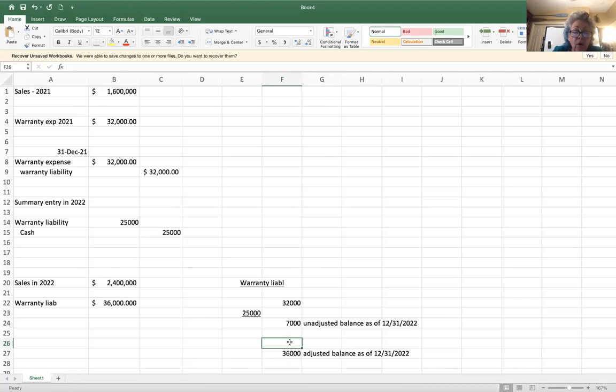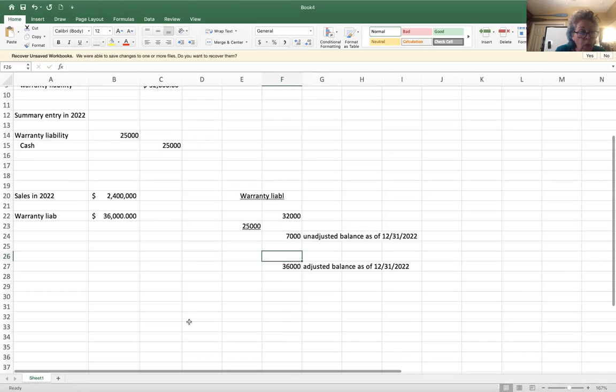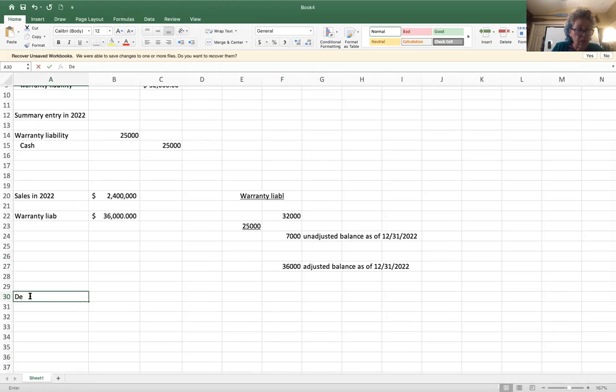So what am I going to have to do? What adjusting entry would I have to do at December 31st, 2022? So my unadjusted balance is $7,000 because this was the amount that we had overestimated in 2021.